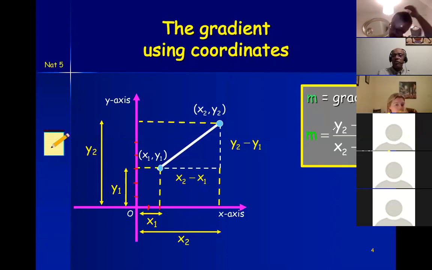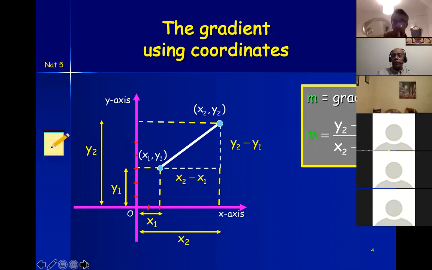Because so many would, during the exam, write x2 minus x1 on top because they can't remember it's vertical divided by horizontal. Whereas if you know where it comes from, you've got your explanation, okay? So it's important to understand what you do and why it is like this.